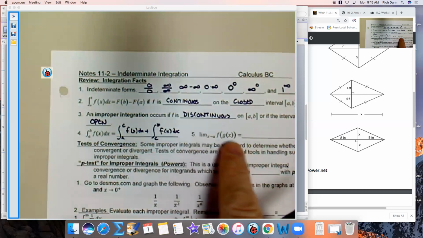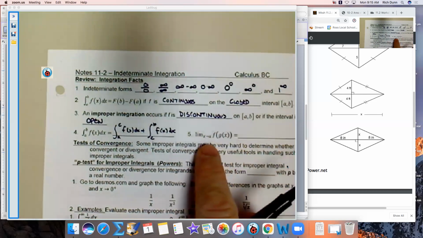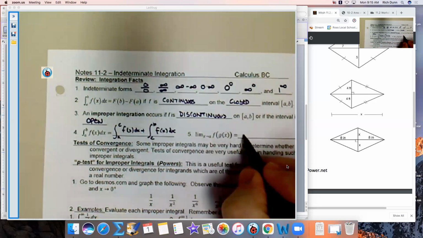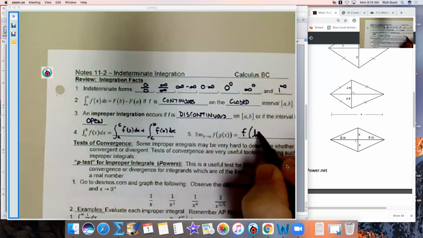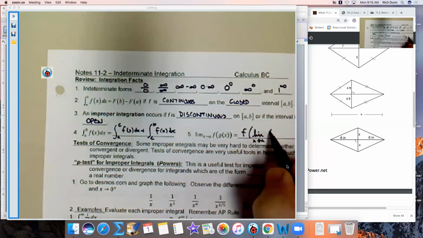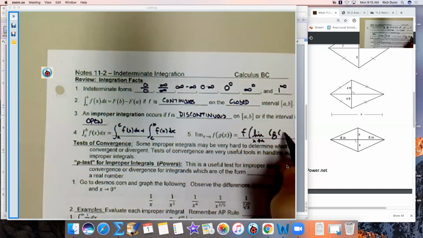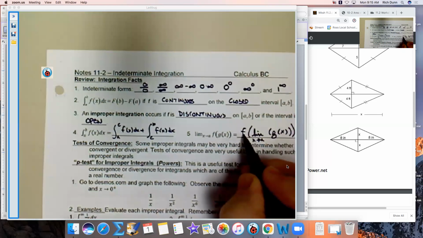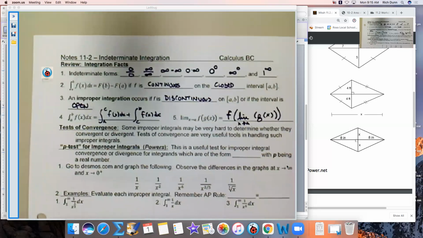And also a quick little limit reminder. If we have a limit of a composite function, what we can do is just take the limit of the inside function, evaluate that, and then take that result and input it into our outside function.